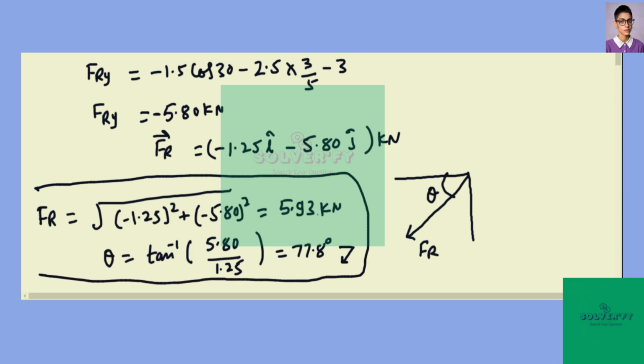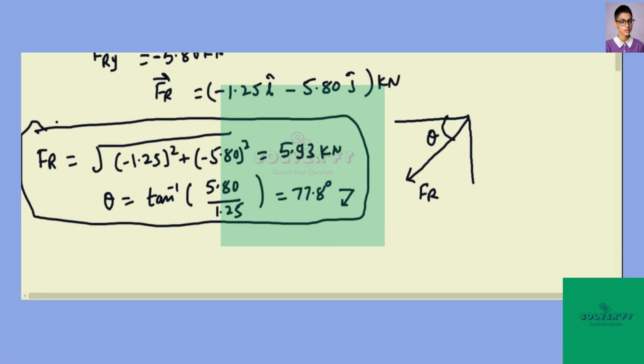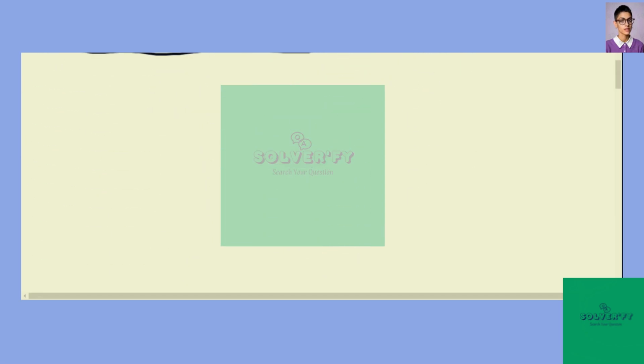Now we have to calculate the moment of force about the B point. This will be 1.5 cos of 30 into the perpendicular distance, that is 2, plus 2.5 into 3 by 5 into 6, that is the perpendicular distance.